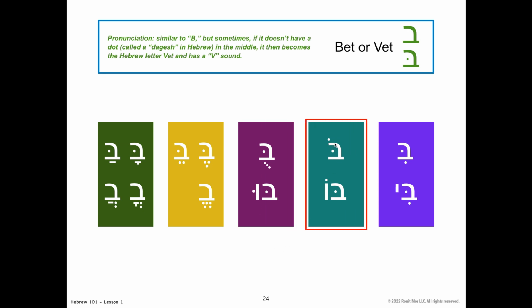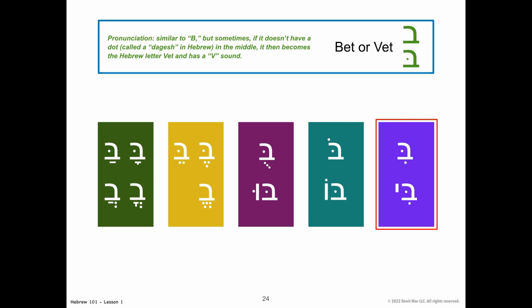Next one, with the dot over. What sound is it? Oh, so it would be bo? Yes, exactly. So this is bo, and you can also achieve the sound bo with vav and a dot above the vav. So bo and bo.